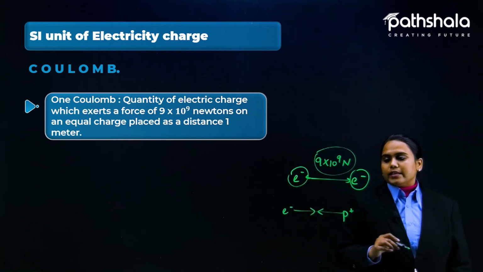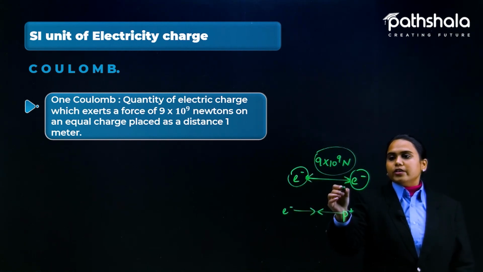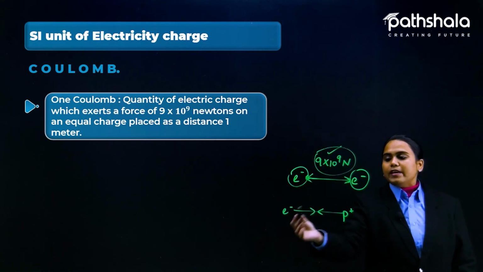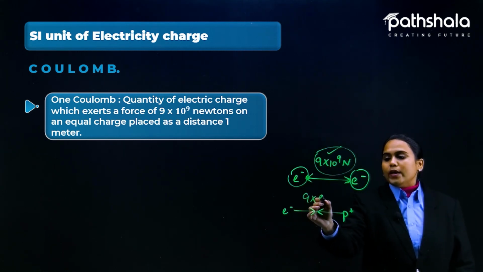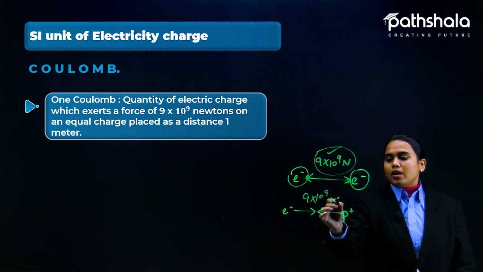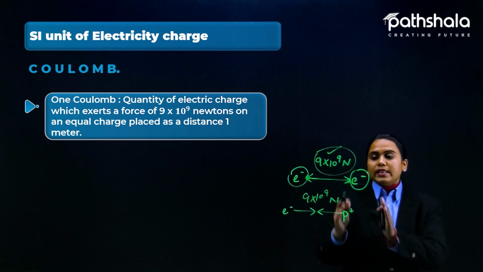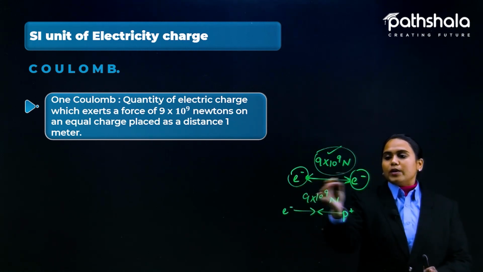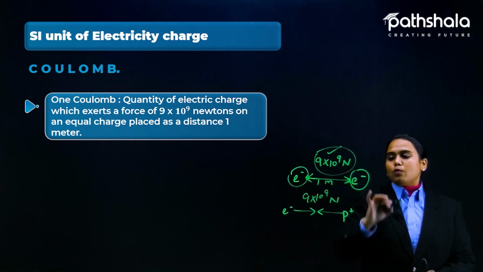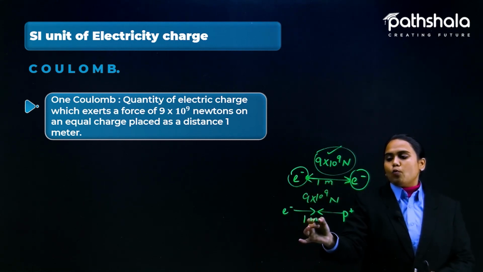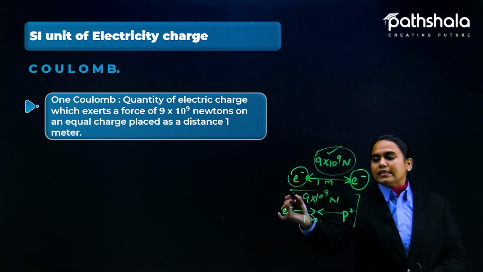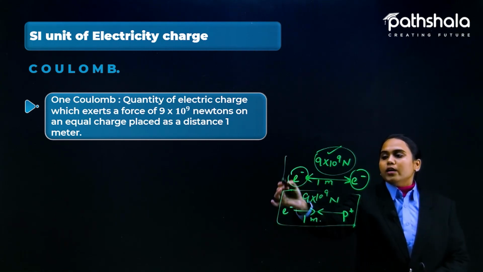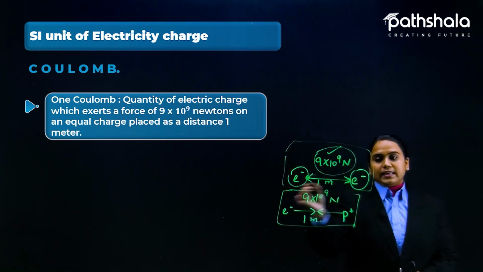Like this, it is repelling each other with this force, and if they are attracting each other with this force, and the distance between these two, like here also between the electrons, if we say 1 meter, and here also if we say 1 meter, then we can say that 1 coulomb of charge is present.